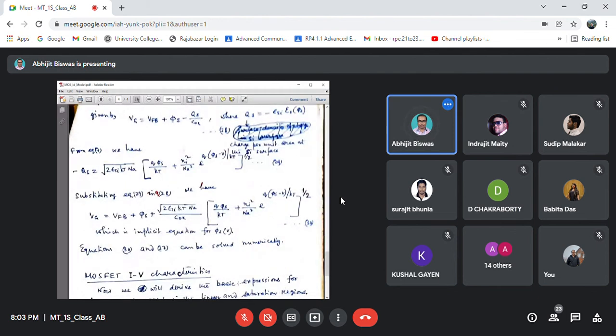Here you see some exponential term on the second term, e to the power (q phi s minus V) by kT. Although it looks a little complicated, you can solve it by MATLAB programming also. So are you conversant with MATLAB code?